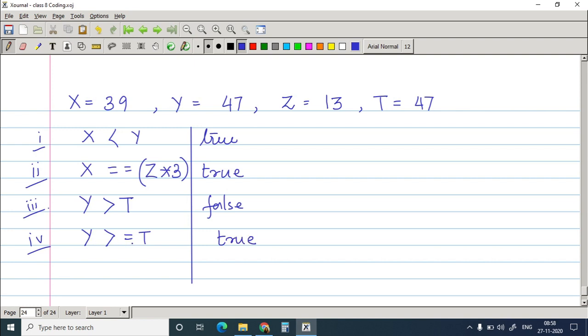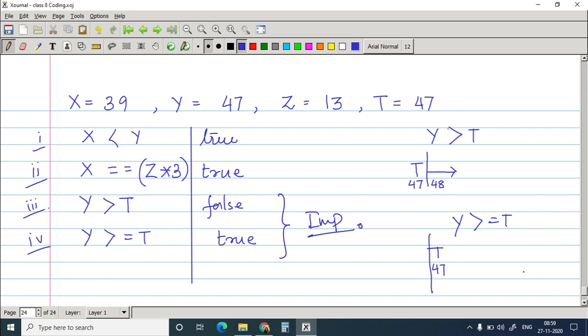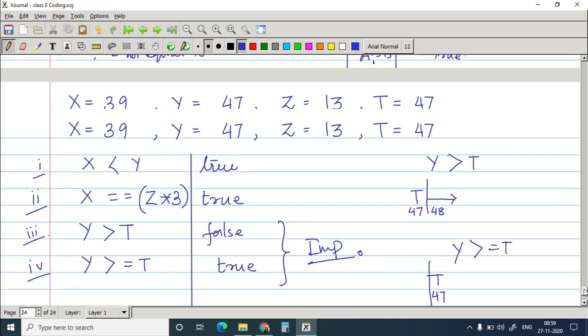Because when you give equal to, the permissible value of Y starts from T. When I say Y greater than T, that means if this is the value of T, then the value of Y will start after T. So if this is 47, then from 48. But when you write greater than or equal to T, it starts straight away from the value of T. So these two cases are very important examples: greater than and greater than or equal to.